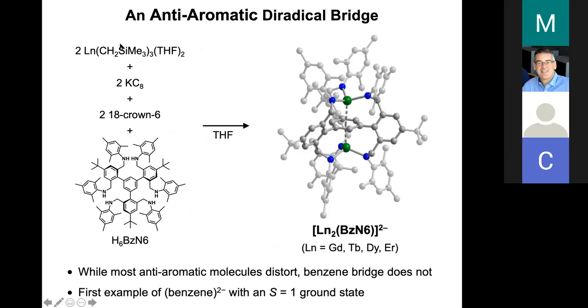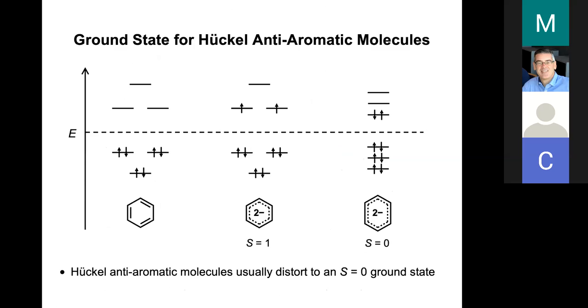What's really fascinating here, though, is if you use two equivalents of this reducing agent, then you can directly form the doubly reduced species, where now you have a second electron associated with this benzene ring. So benzene 2-: when you add two electrons to benzene, you're creating what we normally think of as an anti-aromatic species, right?